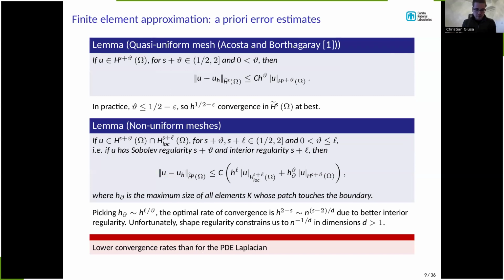Now, if we consider our piecewise linear finite element approximation of the problem, obviously the regularity then also affects the rate of convergence that we can expect from a finite element discretization of these problems.